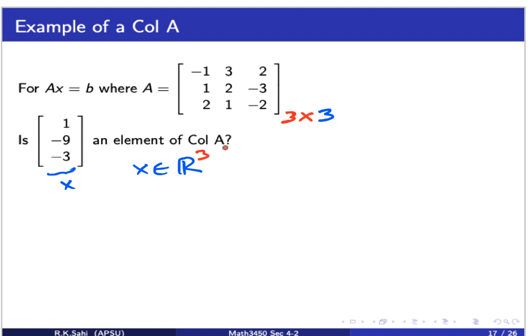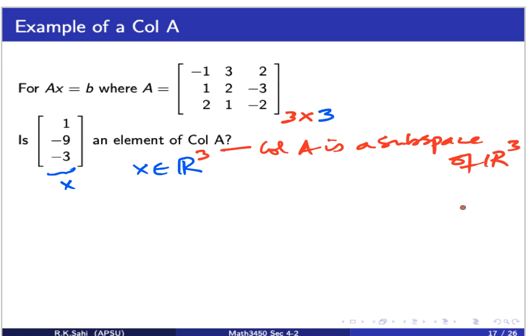The column space of A is, in the perfect sense, because remember we are saying the column space of A is a subspace of R3. That is by default. So even if you're picking up an element, it has to be first of all an appropriate element of the appropriate space. So clearly, X is an element of R3, so we're good to go.